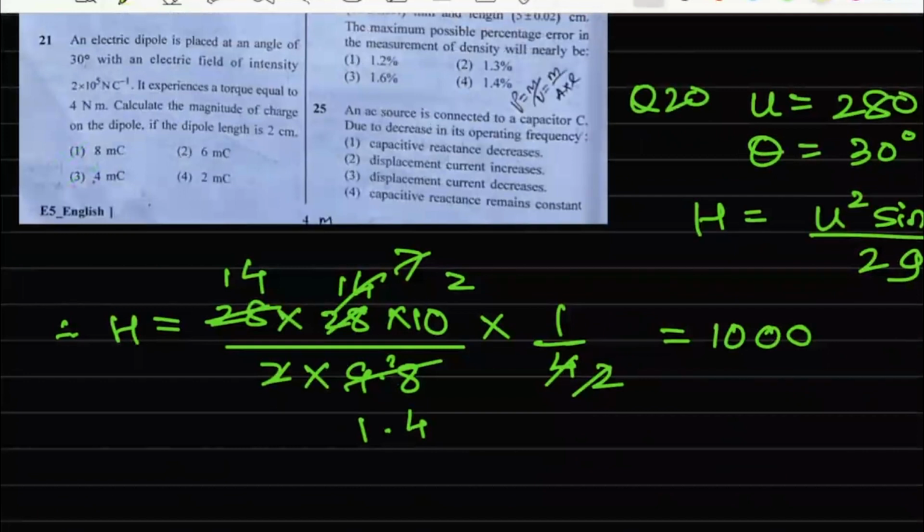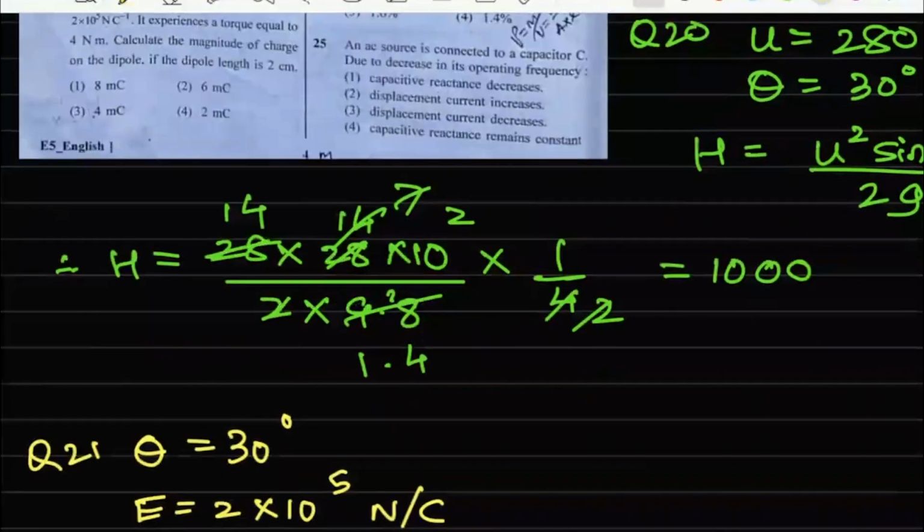21. So they're saying an electric dipole is placed at an angle of 30 degrees with an electric field of intensity. So theta is given to us, that's 30 degrees. With an electric field, so I would say E is 2 into 10 raised to 5.